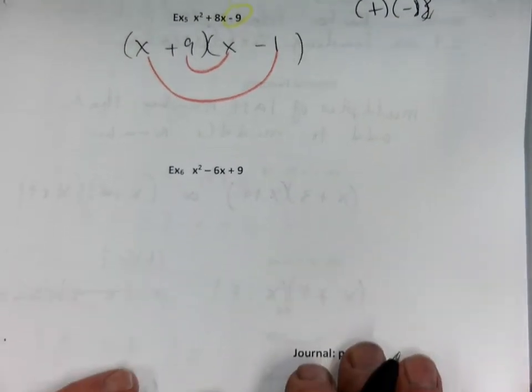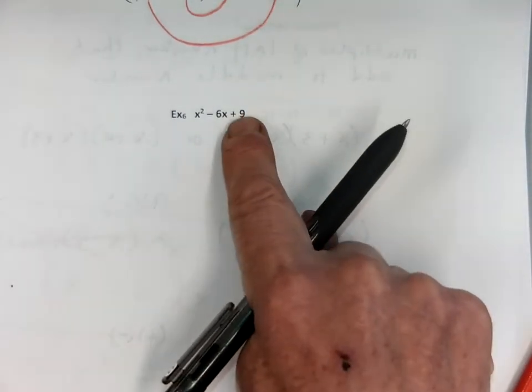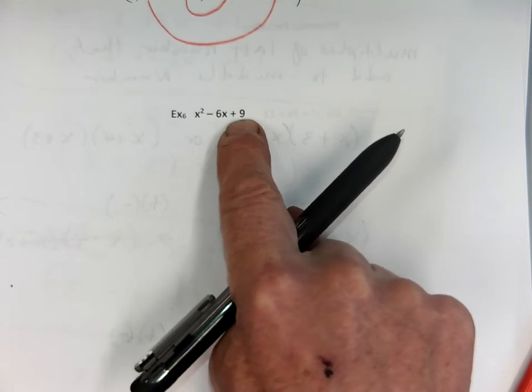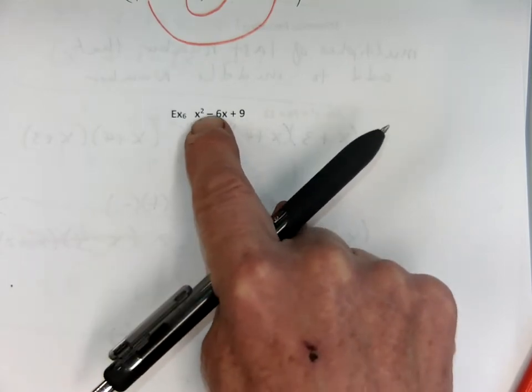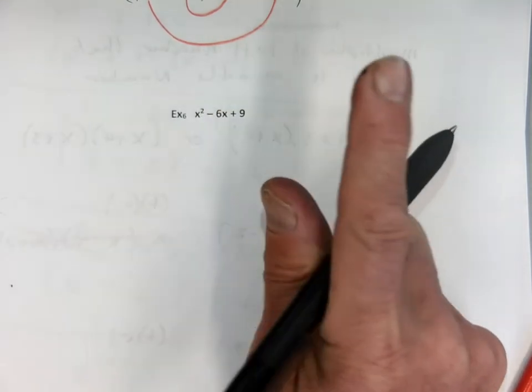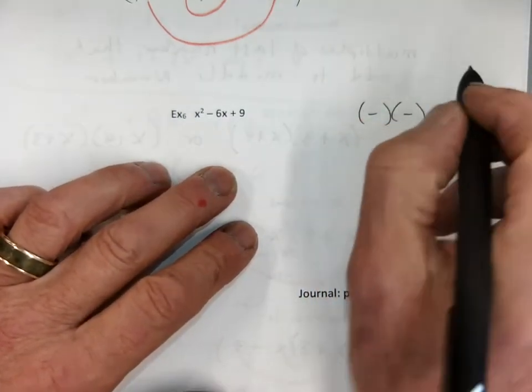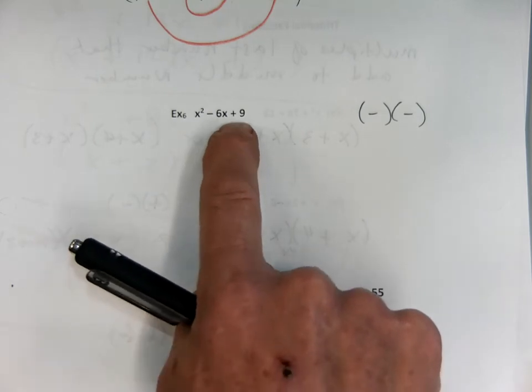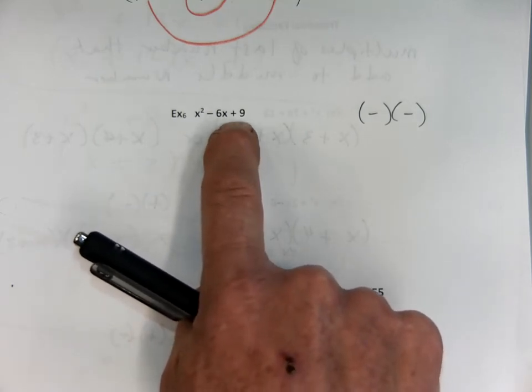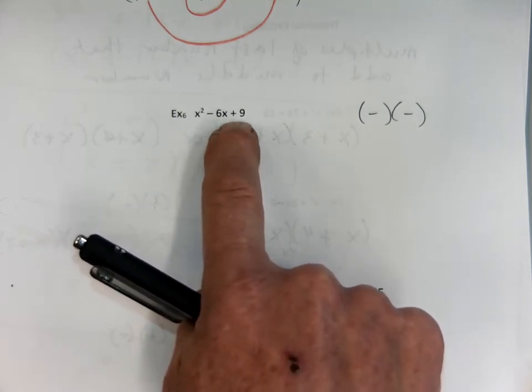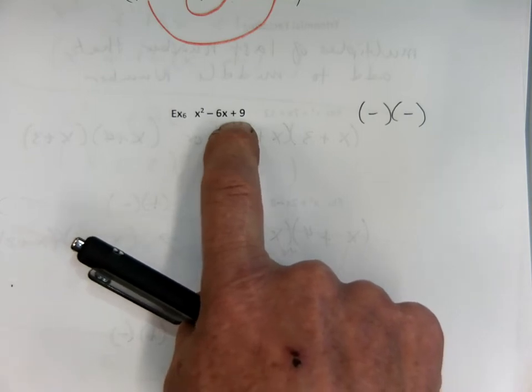All right, example 6. Well, I've got to multiply to make a positive 9, but they add to make a negative 6. I'm thinking what I need is a negative times a negative. Now think about that. Because a negative times a negative, we could make a positive 9. I heard negative 3, negative 3. Good job, Grace. I agree with Grace.